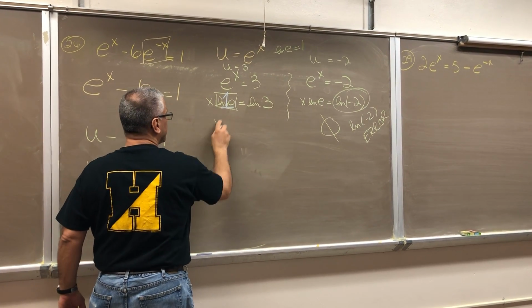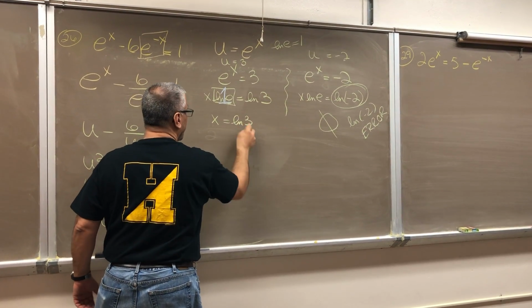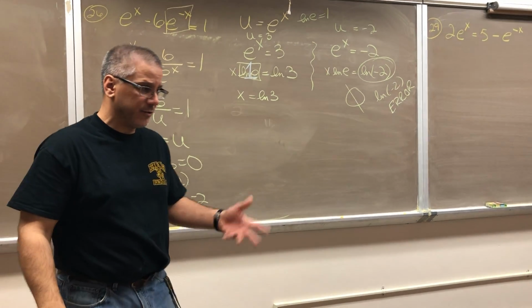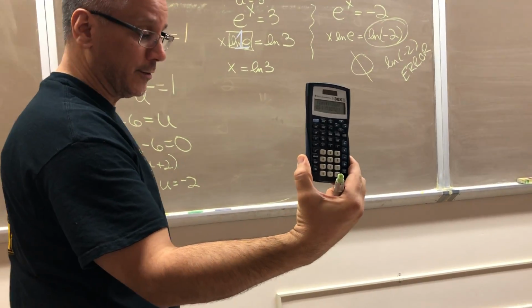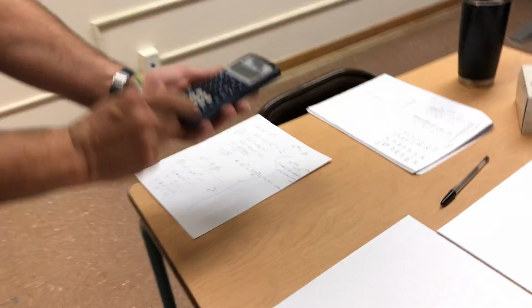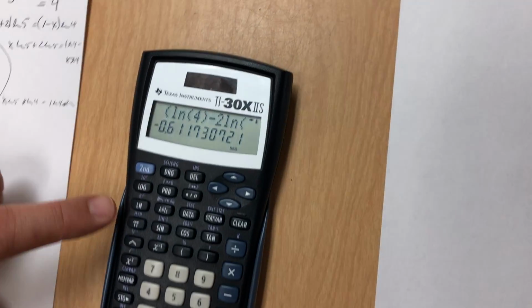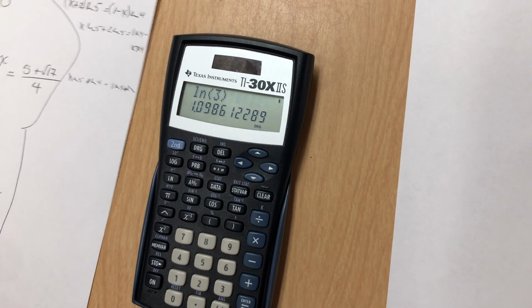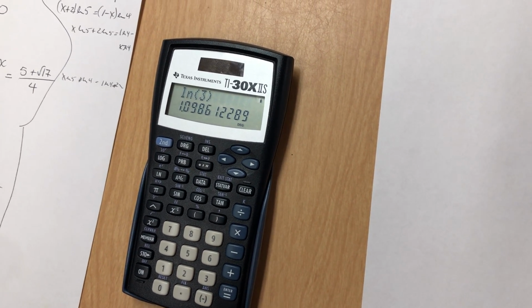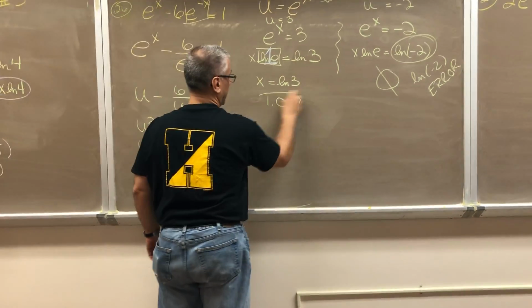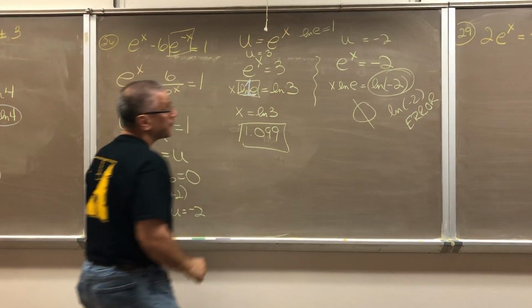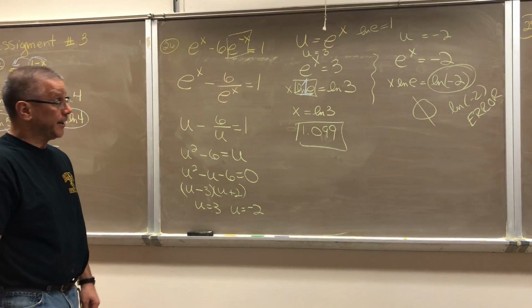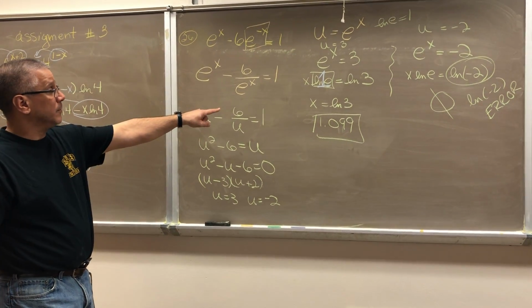So now I have x equals ln of 3, and I think I had you round off to the nearest thousandth. So all you gotta do is type it into your handy dandy calculator. So ln of 3, and then we have 1.099. Okay, so that's how we did this one.